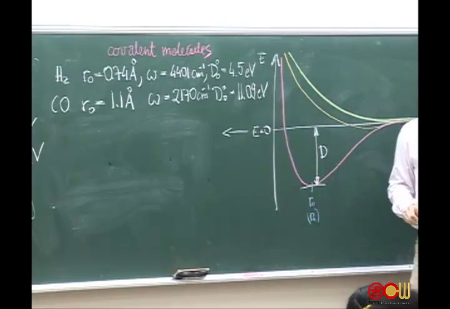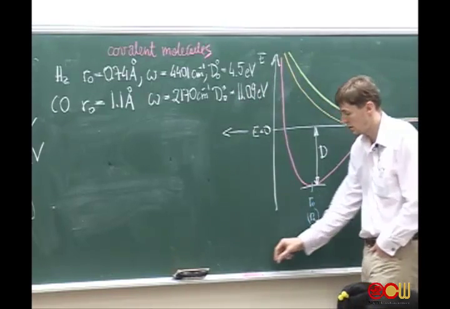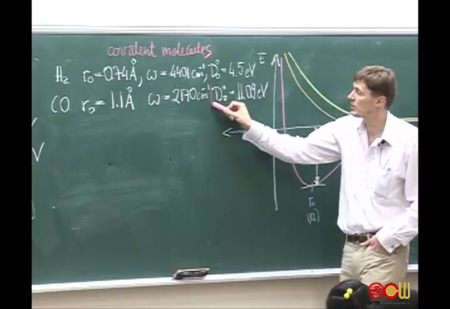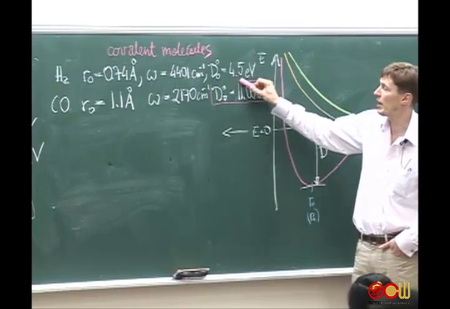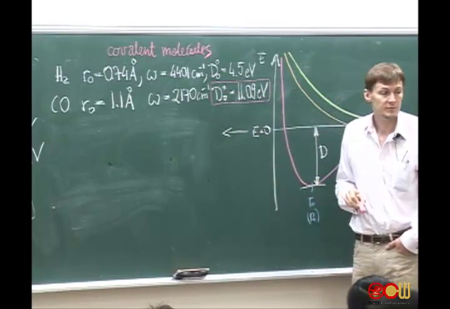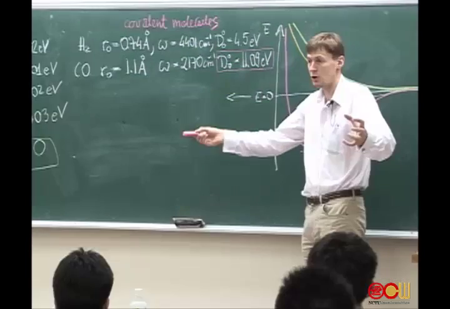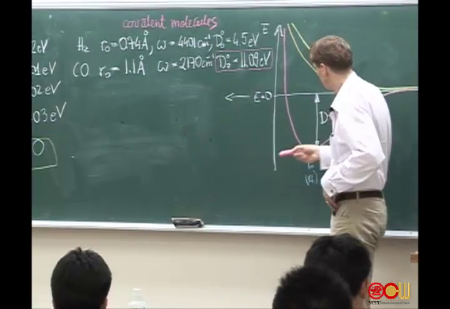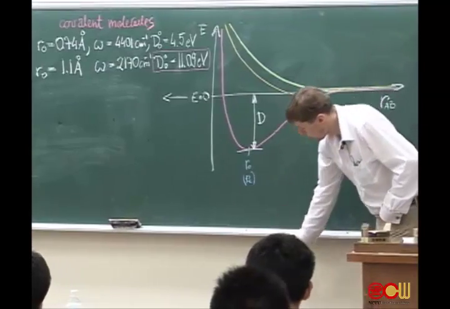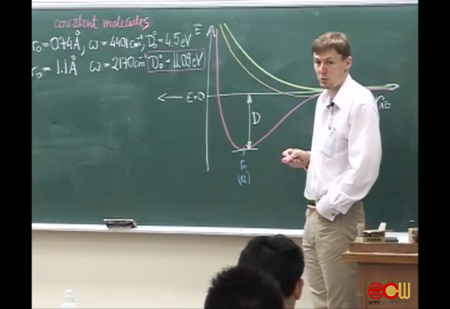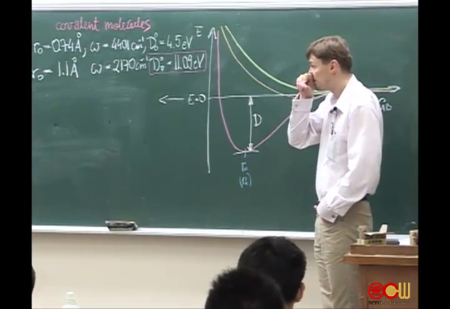I give you this example of the CO because CO has probably the largest bond energy. So making from carbon and oxygen atom CO molecule gives you the lowest minimum out of all possible diatomics.